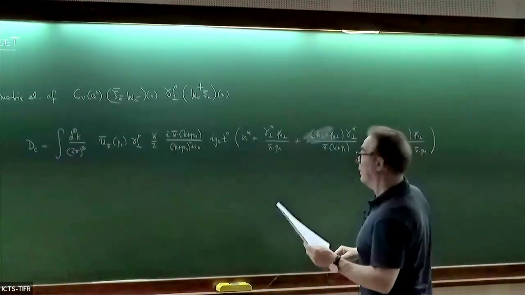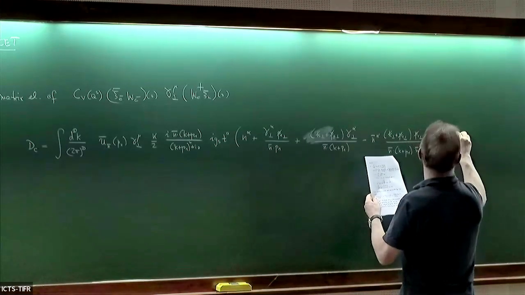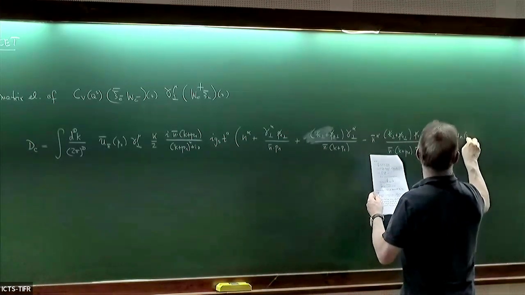And now I get an n bar slash over 2 times U n of p1.